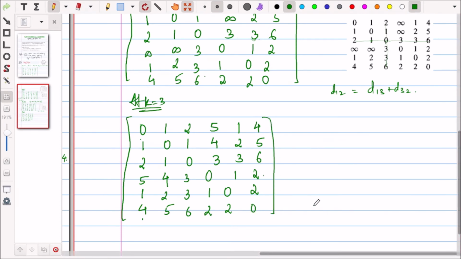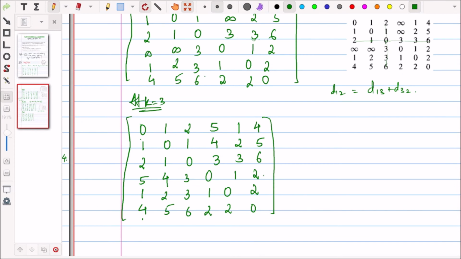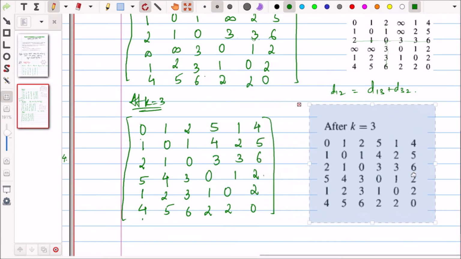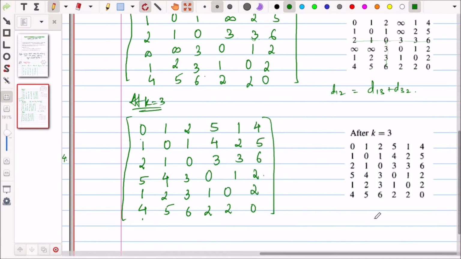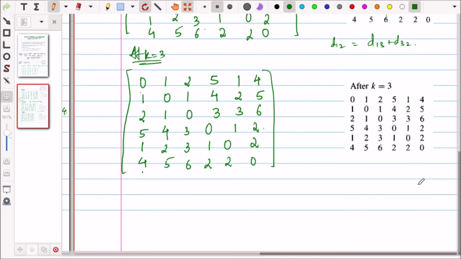So k equal to 3 हो गया. Then you get this. So just match it. Yes, fine. ठीक है, is it fine? 2 5 1 4 4 2 5 3 3 6 1 2 2. Okay, so this one is also correct.